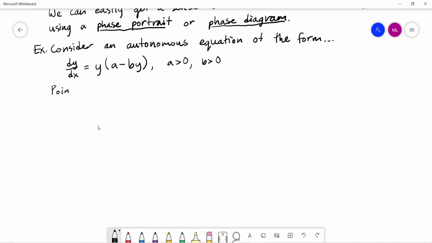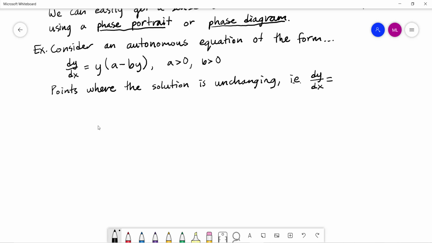Points where the solution is unchanging are called equilibrium points, or sometimes critical points, or sometimes stationary points, so I'll write all of those down. But where it's unchanging, i.e. if y is unchanging, what is dy/dx? If it's not changing, what is its rate of change?